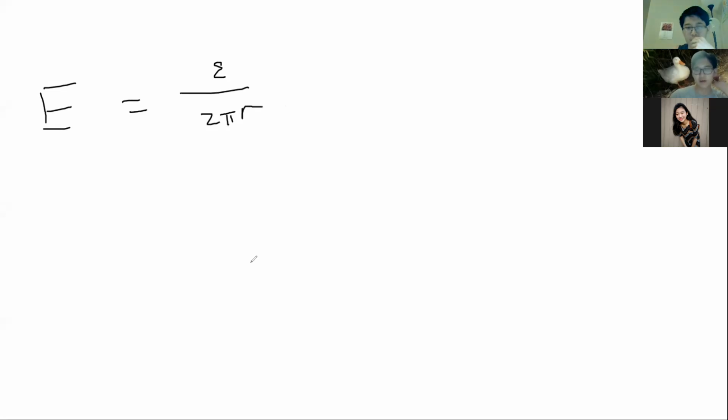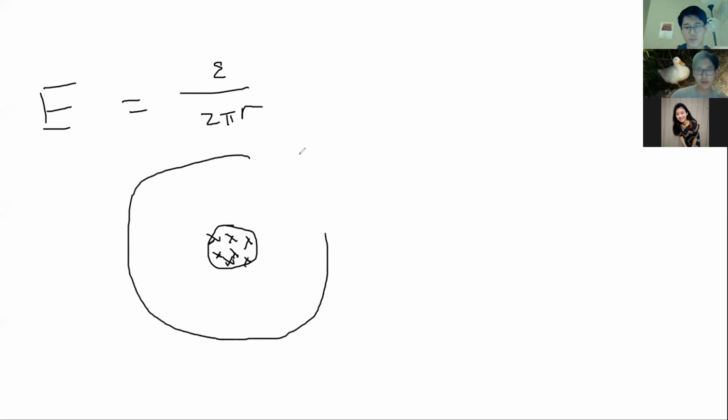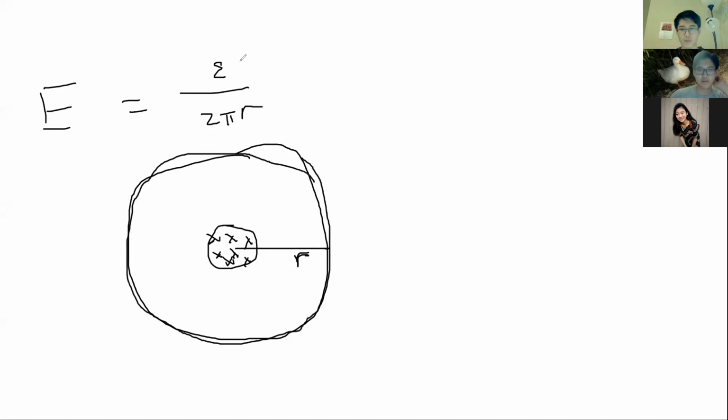And let's just say that I have a magnetic field confined here, and I want to find the electric field at a radius r out here. Well, first of all, in order for there to be an electric field, there has to be an EMF, right?